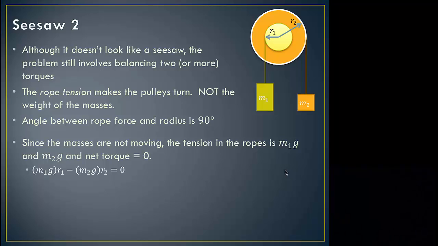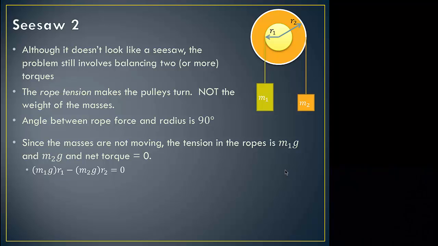This is another seesaw type of equation. Here we're trying to find the masses such that the pulleys don't rotate. It's important when we have these pulley problems to remember that it's the tension in the rope that makes the pulleys rotate, not the masses themselves. This is especially true when the masses are accelerating, because the tension in the rope is going to be the weight plus or minus the acceleration. In this case, with no rotation and no acceleration, the weight of the masses is the same thing as the tension.